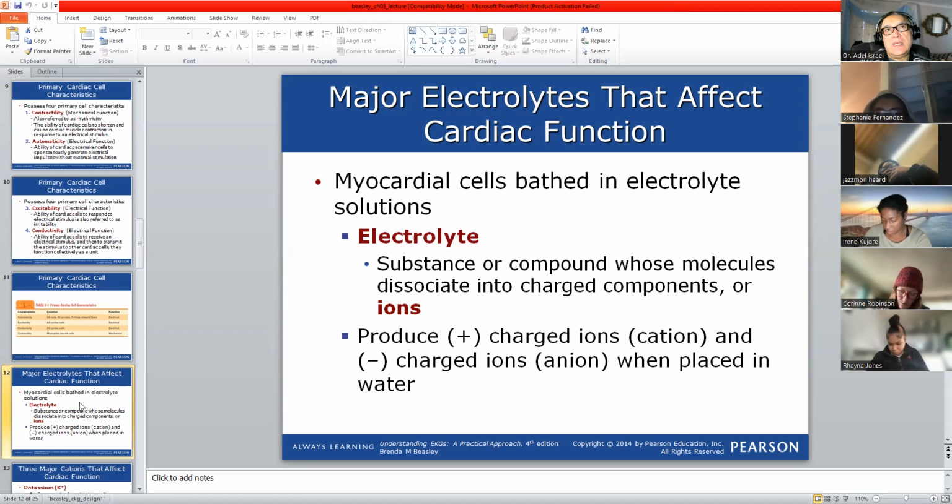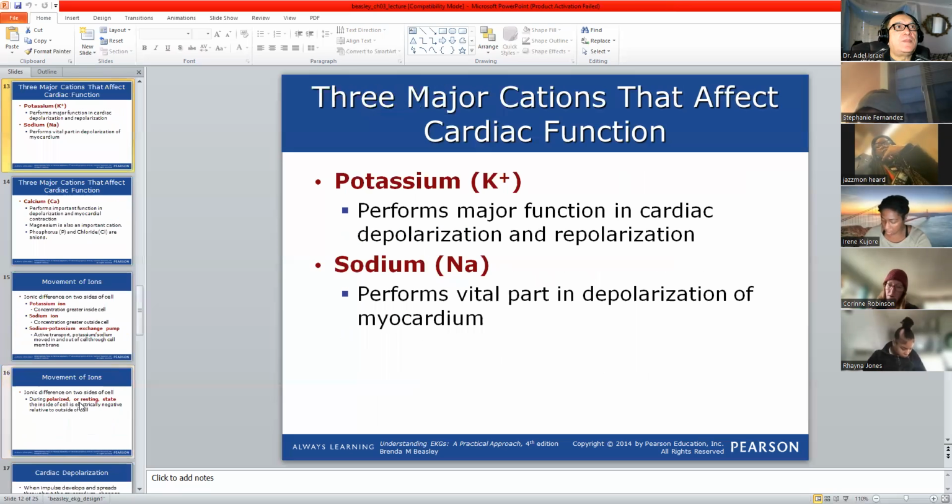The cation has a positive charge, and the anion has a negative charge, okay? So in the exam, they will ask you which one is a cation and which one is an anion. So pay attention to this, please. The cation has a positive charge. The anion has a negative charge.